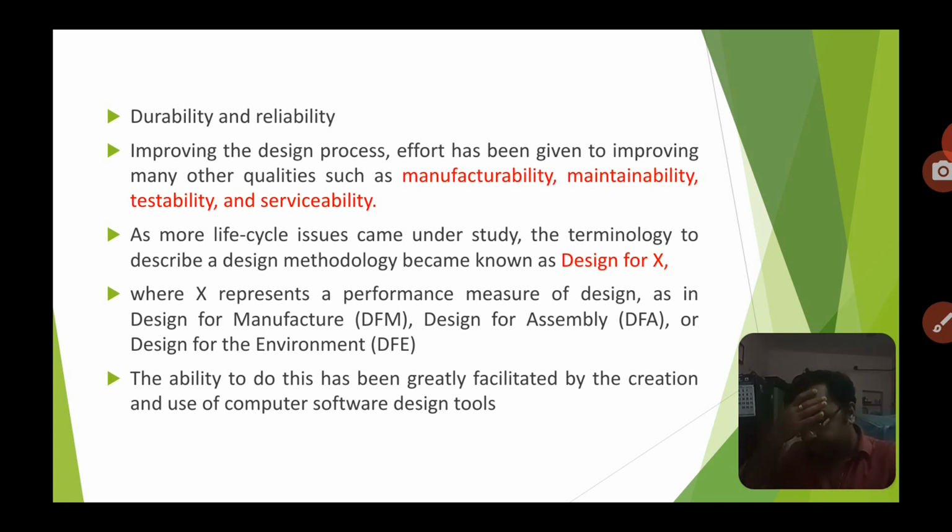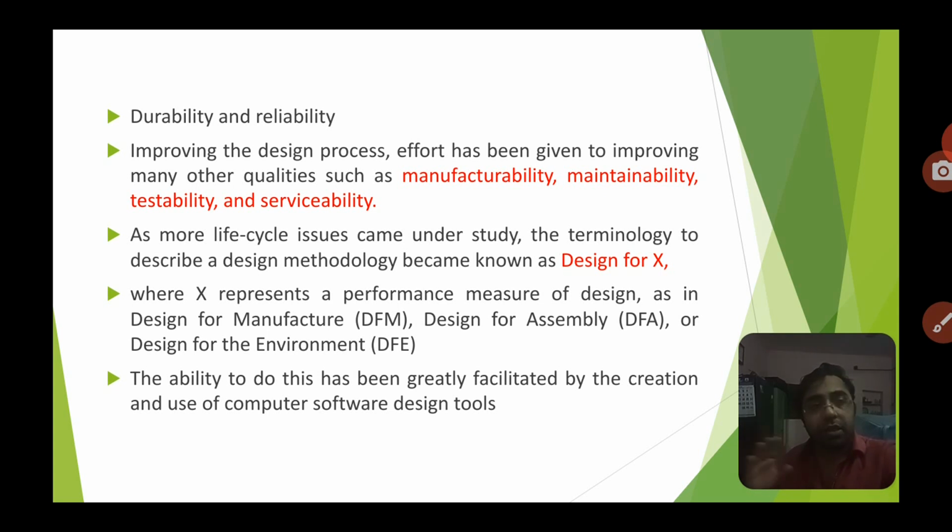Suppose in Pune or Maharashtra, a lot of automobile companies are there. Every part or component of a car is not needed to be manufactured by the company itself.